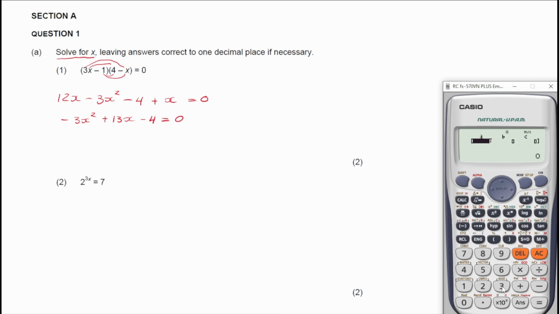If we press 3 over here, it's going to take us in. a is the coefficient of x squared, which is negative 3. b is the coefficient of x, which is 13, and c is our constant. In this case, our constant is negative 4. So careful, not plus 4, negative. We press equals, and we press equals again, and we'll find that our first x value is equal to 4.